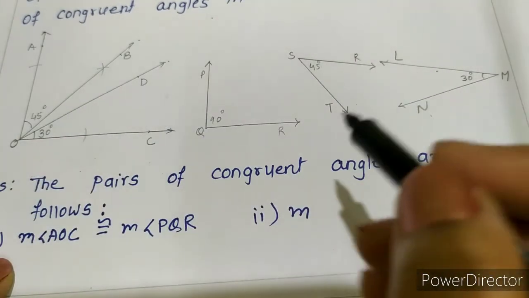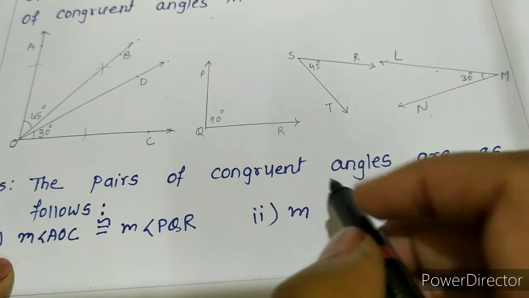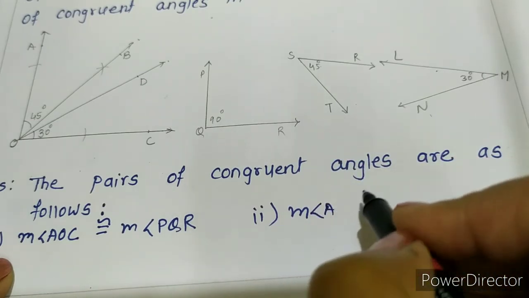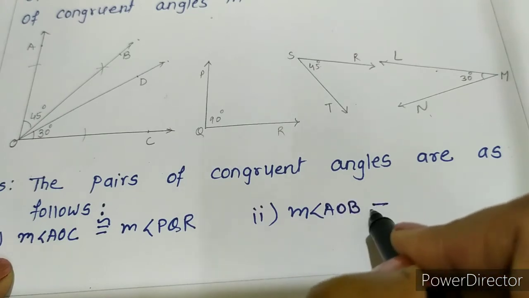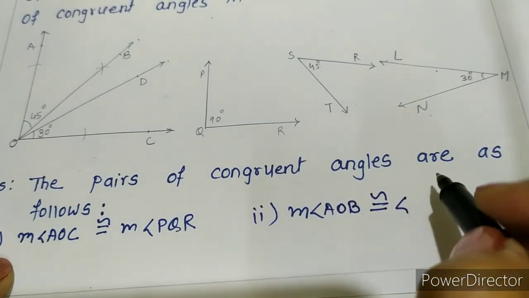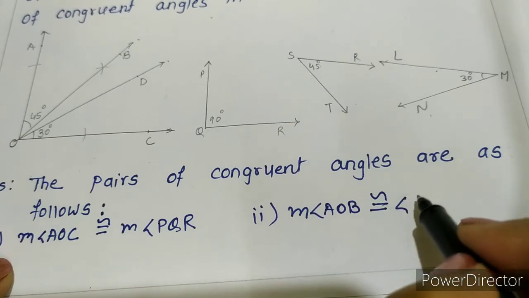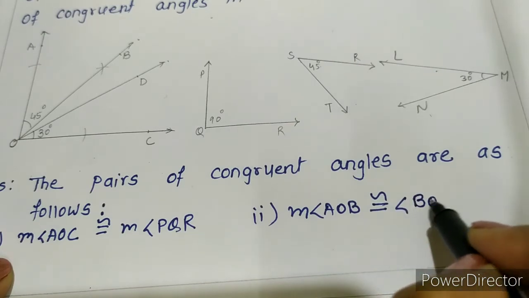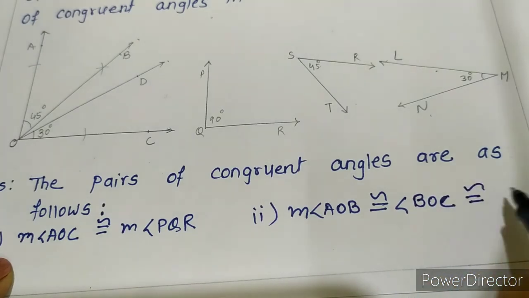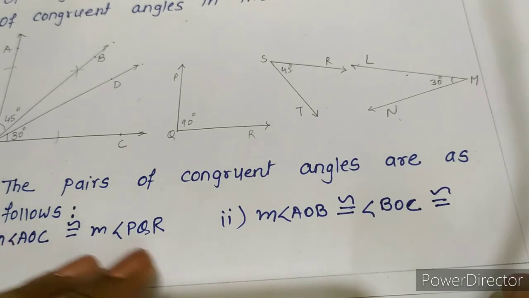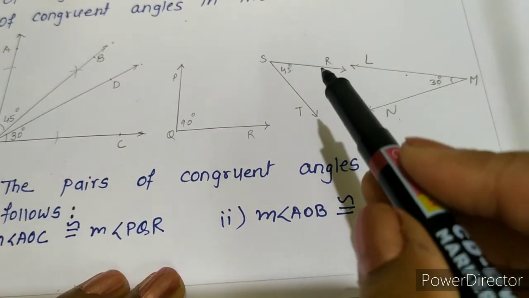So we can write here angle AOB is congruent to angle BOC, and it is also congruent to angle RST, which is 45 degrees.